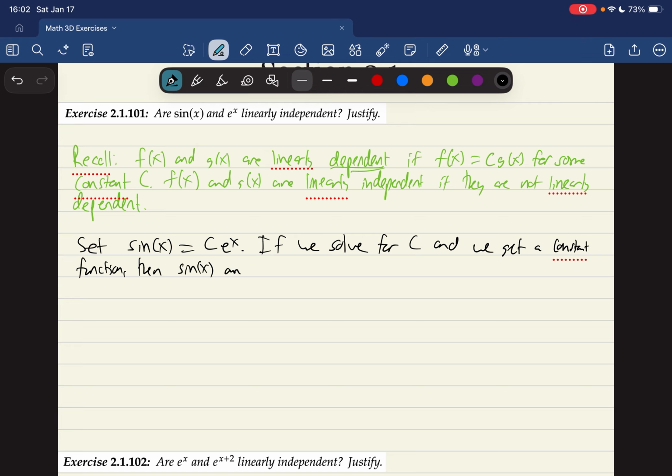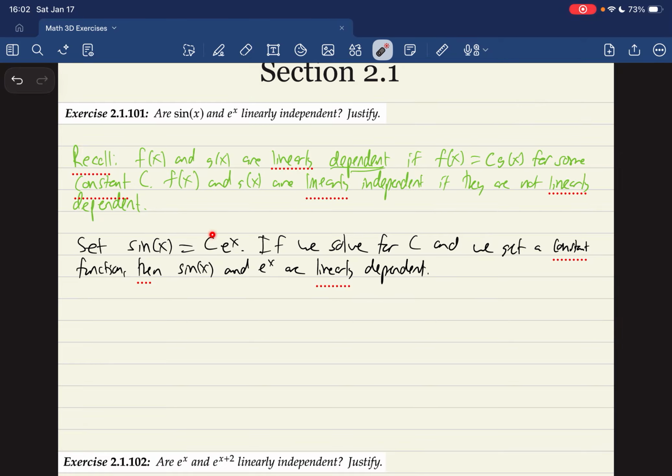Then sine x and e to the x are linearly dependent, because c will be some constant.